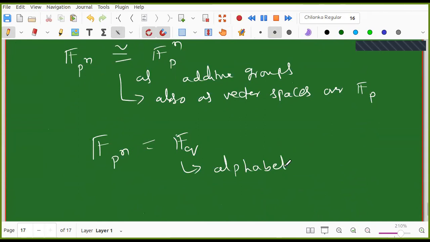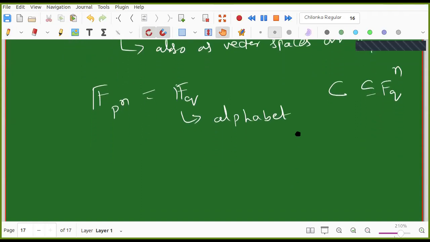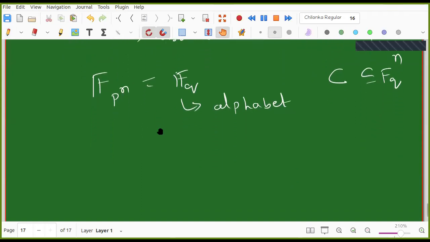Now my code is a subset of F_q^n. F_q itself is a field, while F_q^n is only a vector space over it. What else do I want to tell you now?